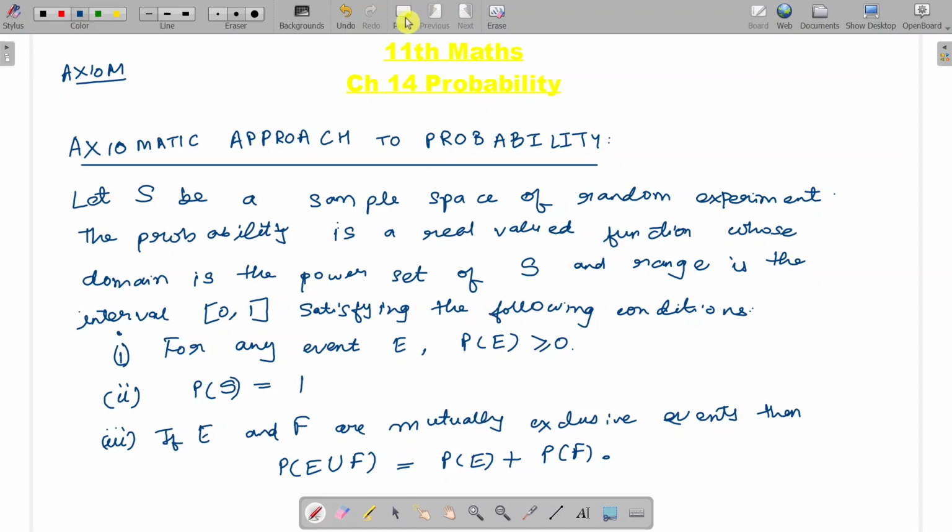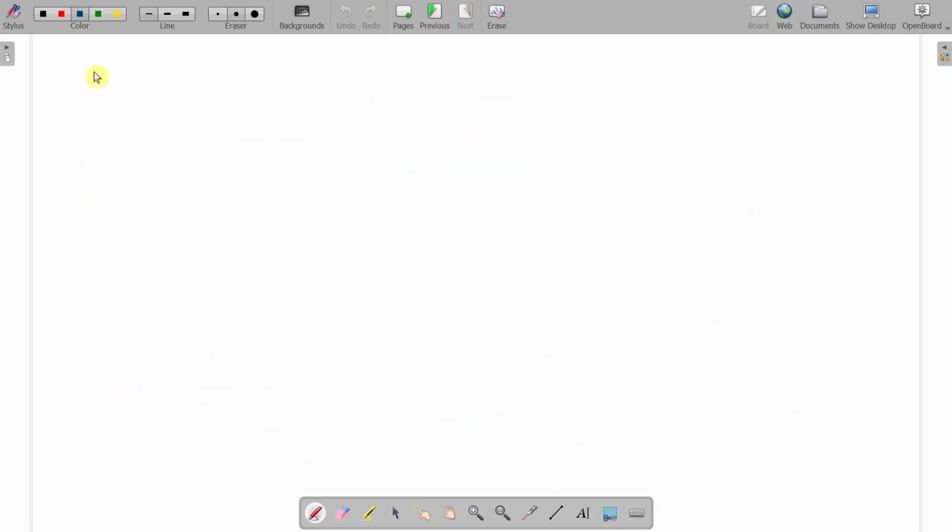Now let us find the probability of the empty set. We have to know what the probability of the empty set is. So let E be any event of the sample space S, and F be the empty set.